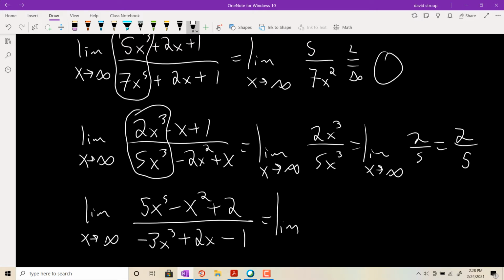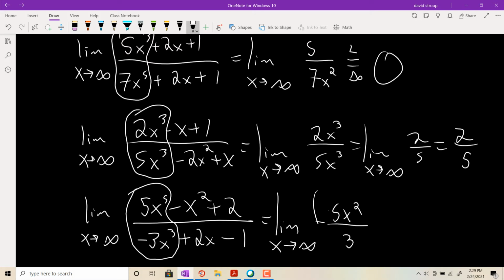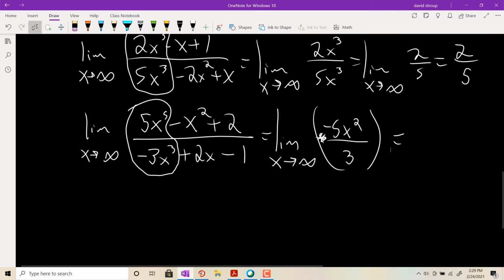So again, all you need to do is pick off the high degree terms and consider that limit. So you'd have 5x squared all over 3, and in this case it's negative. I lost my negative symbol somehow. And then as it goes to infinity, this is an upside down parabola, so it's going to go to negative infinity if you think about the picture.